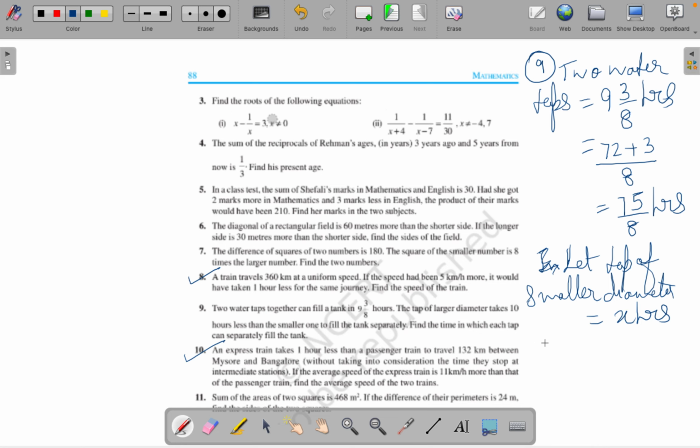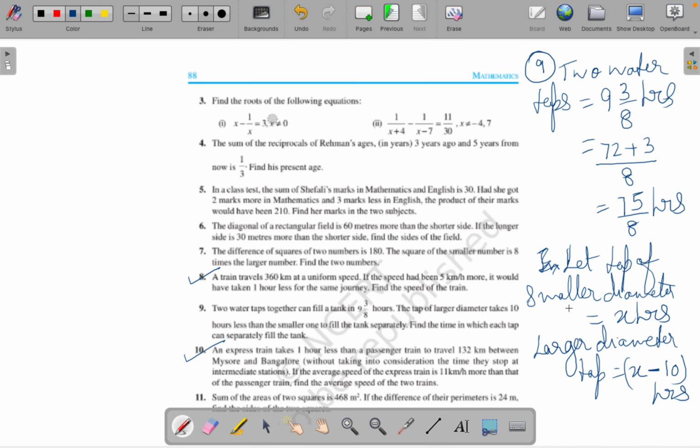So it is obvious that the larger diameter tap will take x minus 10 hours to fill it separately, right? Find the time taken in which each tap can fill the tank separately.